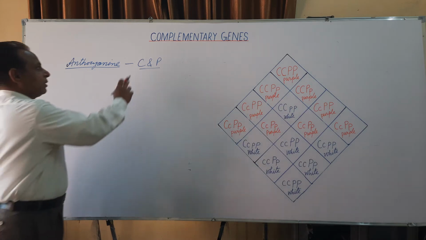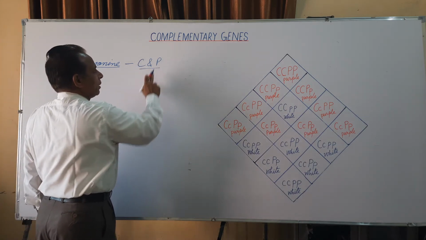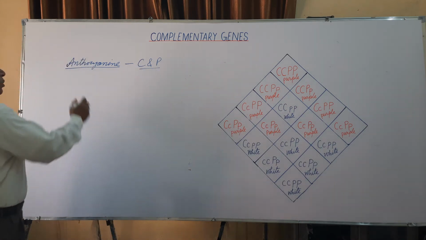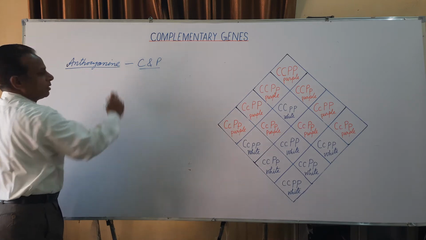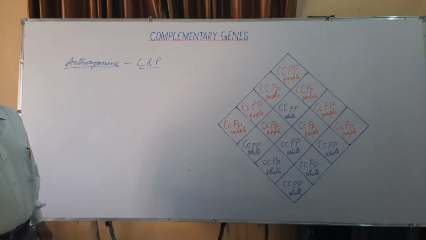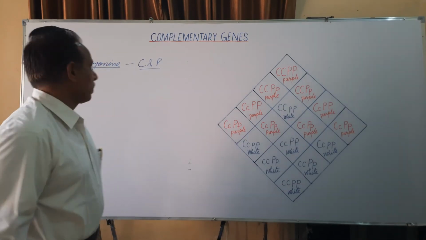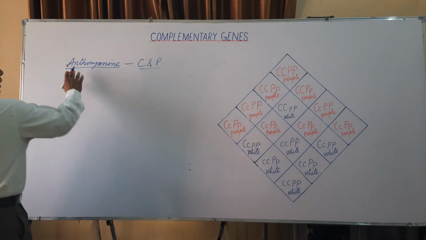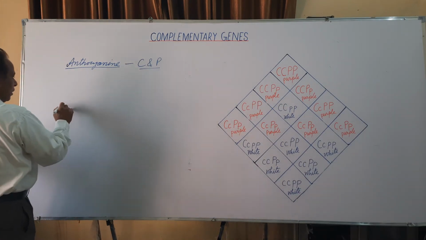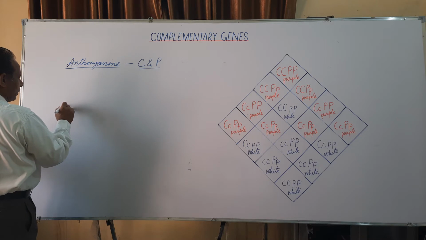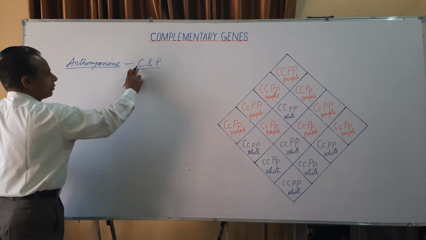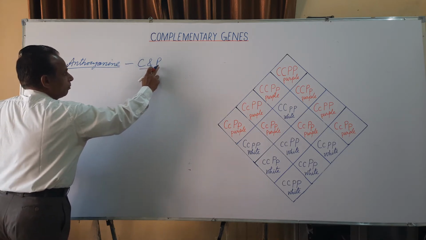If either of the genes C or P is absent, anthocyanin is not synthesized. As a result, the grain remains white. This anthocyanin synthesis occurs in the presence of the genes C and P.